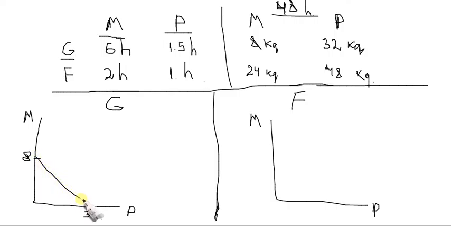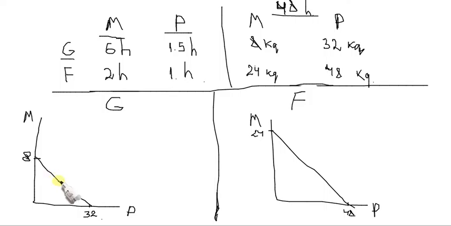We'll combine these points, and this is the production possibilities frontier for both. And when they decide to trade with each other, we'll see that they will end up with better points.